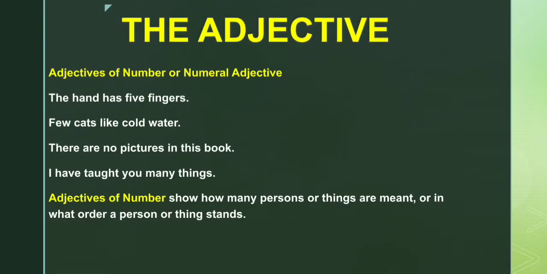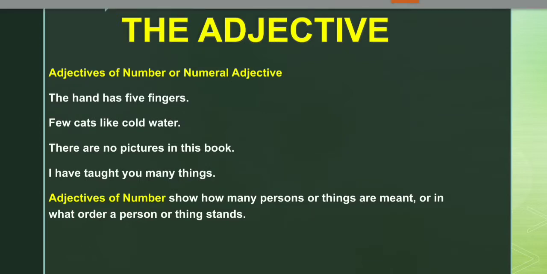Next we have adjective of number or numeral adjectives. Examples are: the hand has 5 fingers, few cats like cold water, there are no pictures in this book, and I have taught you many things. So here in the first example we have 5 as a numeral adjective and few in the second sentence.